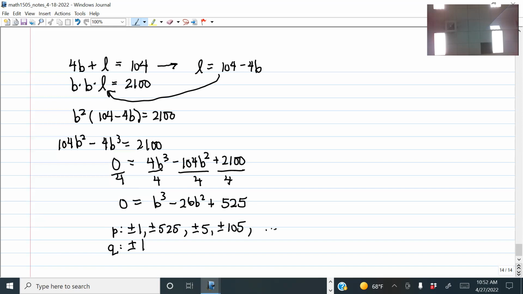But what I would do is, when I recognize some factors here, just try it and see what happens. So I would try the 5 to begin with. That would be the first thing I would hone in on, and hope I would get lucky and not have to write down all the factors of 525, because there are a lot of them.